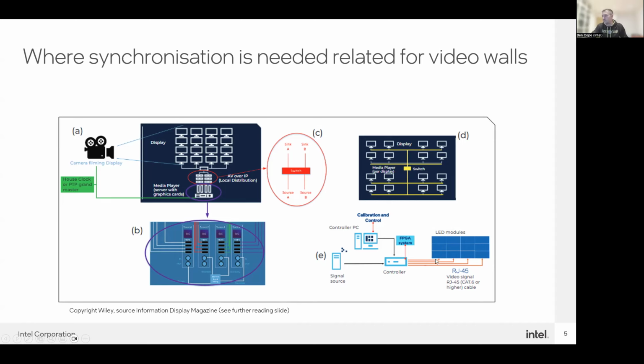Now, there is a mix in the industry. A lot of people are using a proprietary protocol here, but an area we've looked at, maybe a topic for another time, is how to do this using standard IP traffic. And again, if you're doing that with standard IP traffic to drive these modules, you need to use something like PTP here to synchronize them.